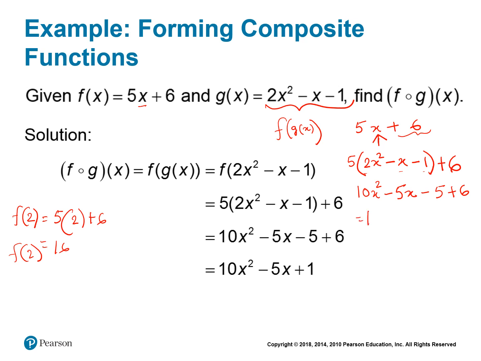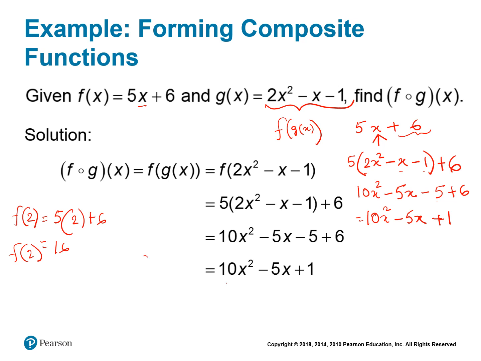It's 10x squared, right? We cannot combine. We don't have another term with x squared in it. So we just have to write it as 10x squared minus 5x. There's no other term with an x in it, so minus 5x, but we can combine. Minus 5 plus 6 is positive 1, all right? And that's the new expression.